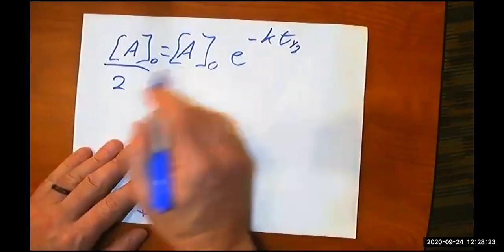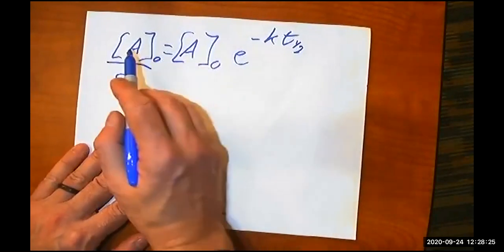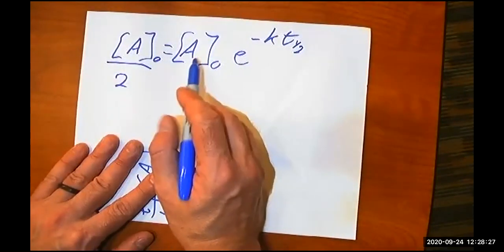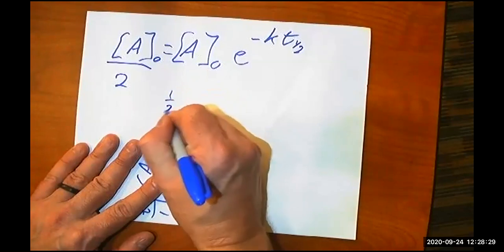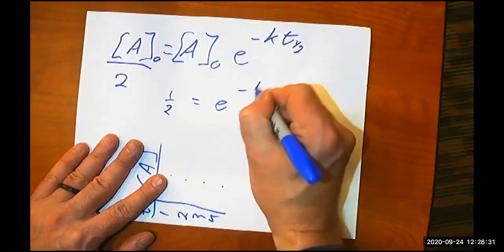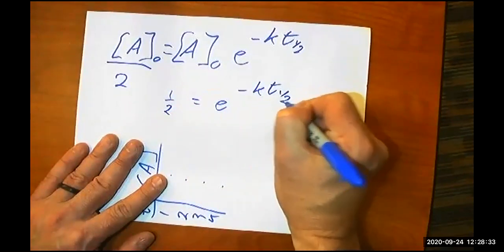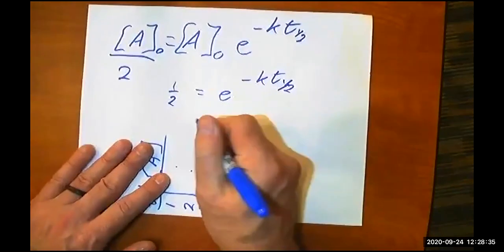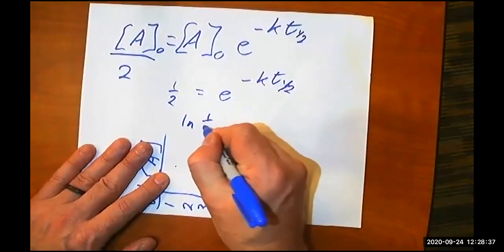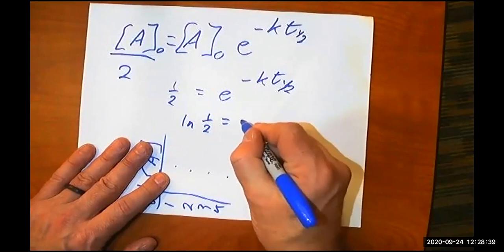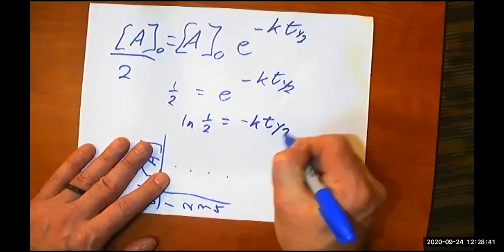Okay. If we take this equation and then try to simplify it, we notice that the A naughts cancel. And so 1/2 equals e to the minus kt 1/2. We can take the natural log of both sides. So natural log of 1/2 equals negative kt 1/2.